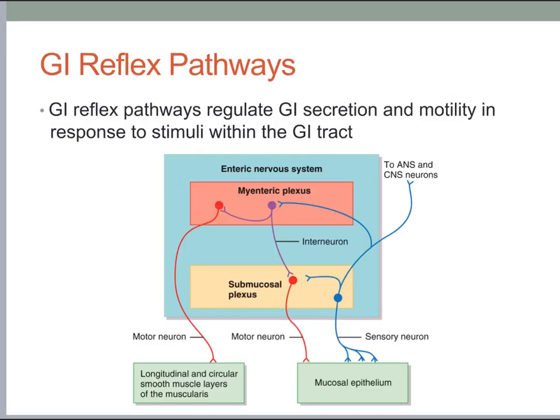We can examine the GI reflex pathways, looking at sensory information coming in via our sensory neurons and our motor response out. So if we start at the mucosal epithelium, we have sensory neurons that are detecting change, food entering this pathway, and we see that we innervate to the submucosal plexus, so we come up to the submucosal plexus, and we also ascend to the myenteric plexus and to the autonomic nervous system and the central nervous system, at which point that sensory signal will be interpreted and a motor response will be delegated.